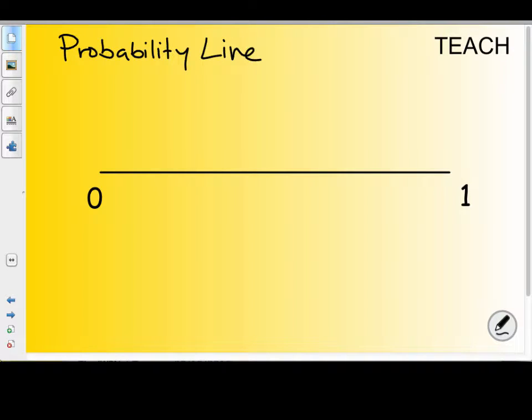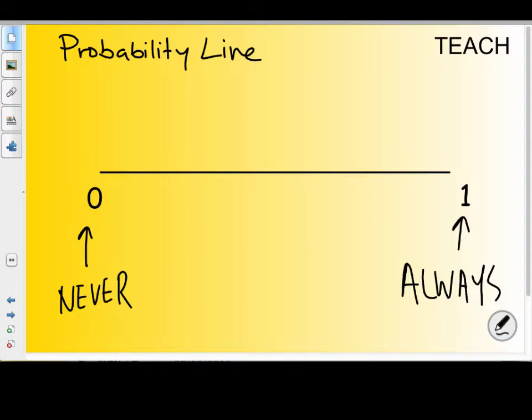Hi guys, I like to call this the probability line. Down here you've got 0, which means never. It's never going to happen, like I'm never going to marry Kate Middleton, who's the Princess of Wales. And up the top you've got number 1, which means it always happens.